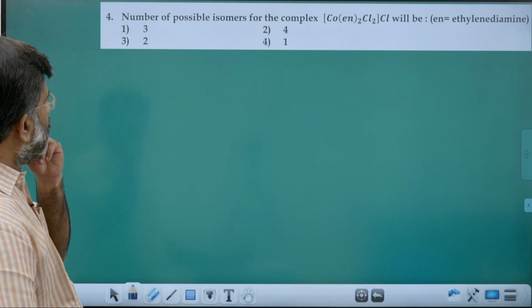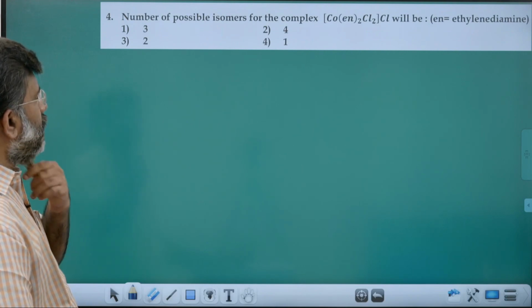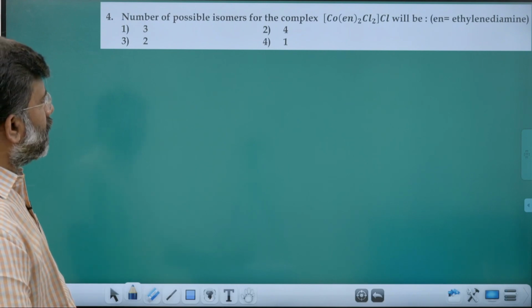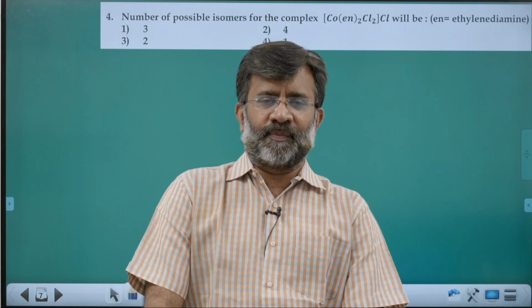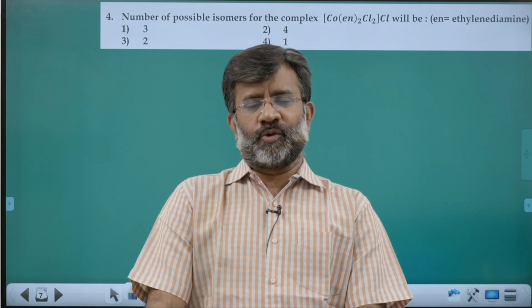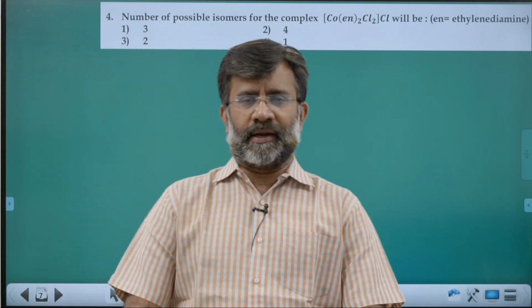Number of possible isomers for the complex. You might have encountered such molecules. You see that there are 2 chlorine and 2 ethylene diamine.